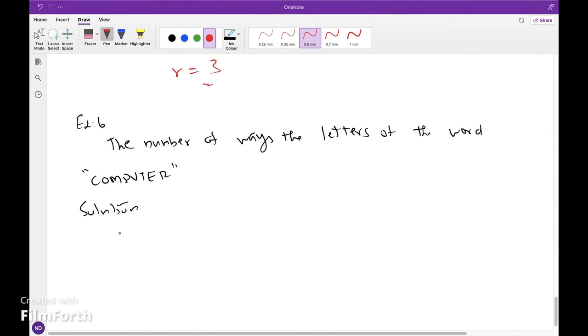The word computer consists of 8 alphabets. To form the word, these alphabets have to be arranged. It can be done in 8 different ways.